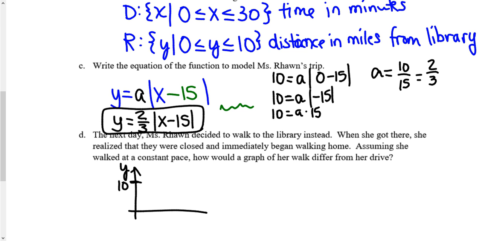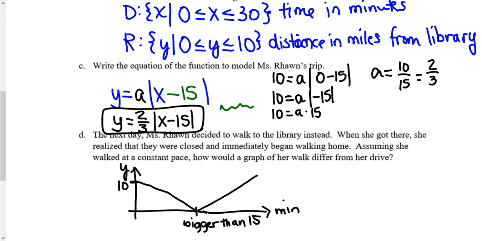But if I were walking, what would happen is I would be going slower, so it should probably take me more time. So this number is going to be, I'm just going to say, bigger than 15. Okay, if this were my minutes, it's going to be bigger than 15. It's going to take me longer to get to the library than it would. Okay, so how would the graph differ?